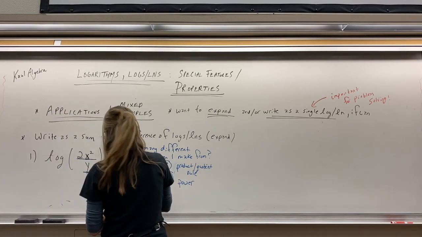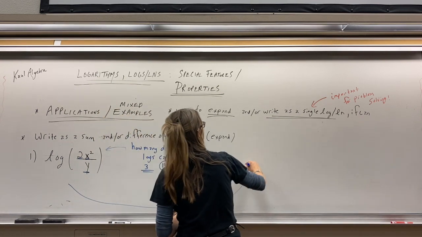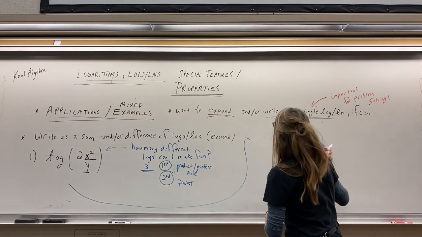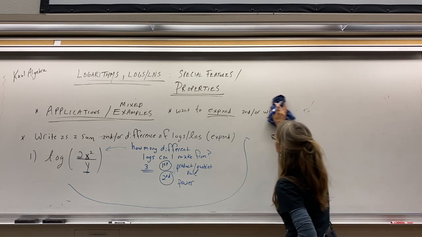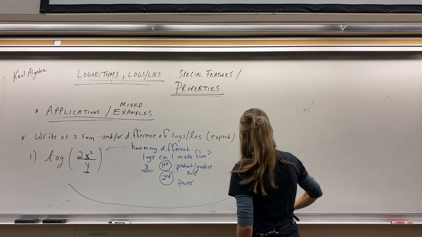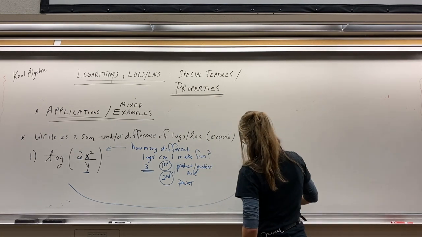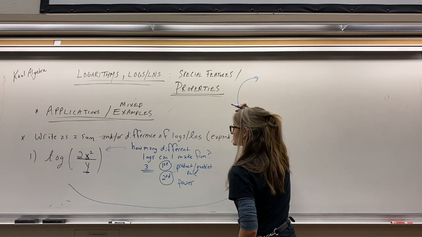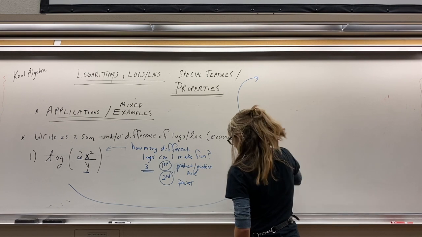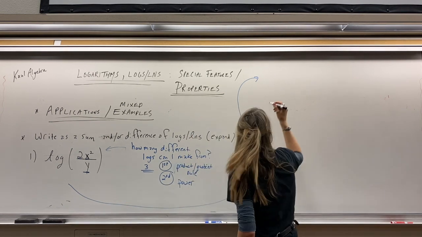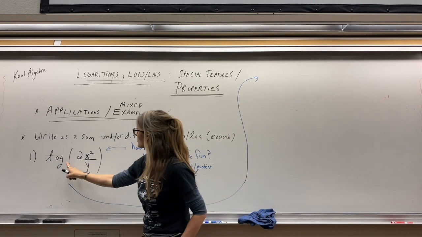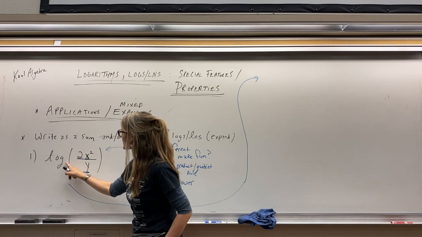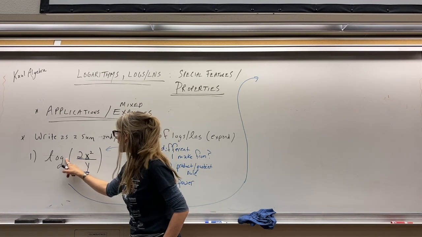Okay, so here I'm going to write it up here and make this into log, and the base I want for each of these is whatever the base is right here. There's an understood 10.